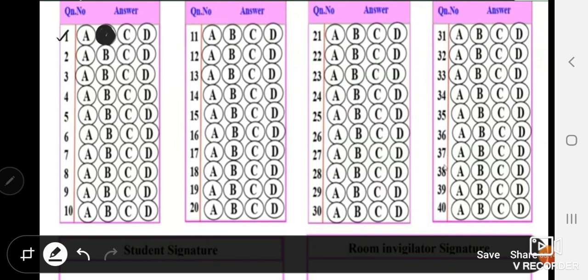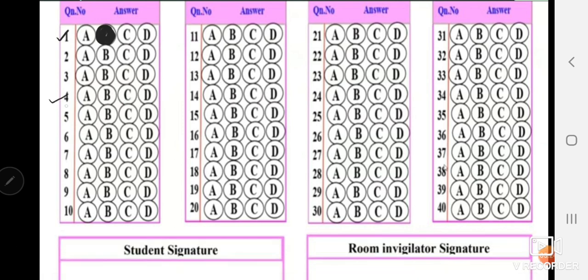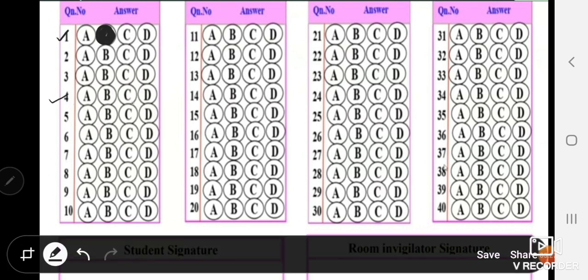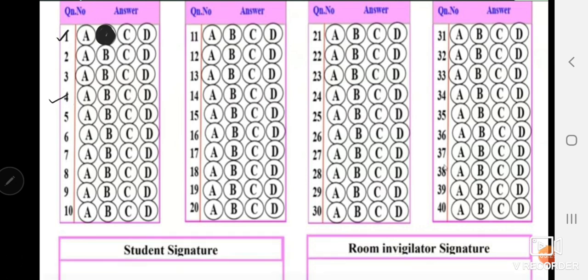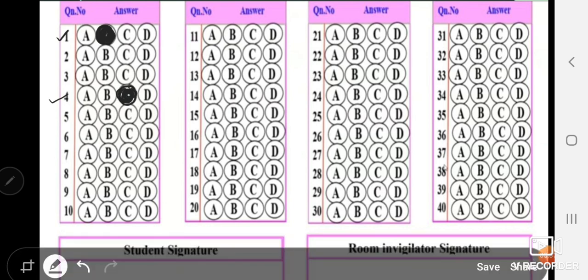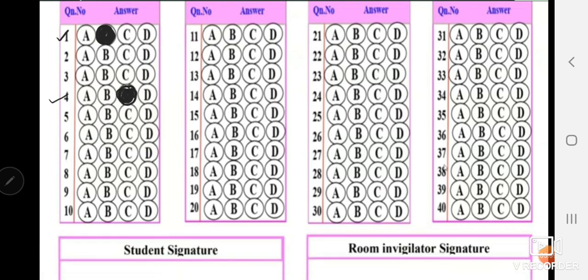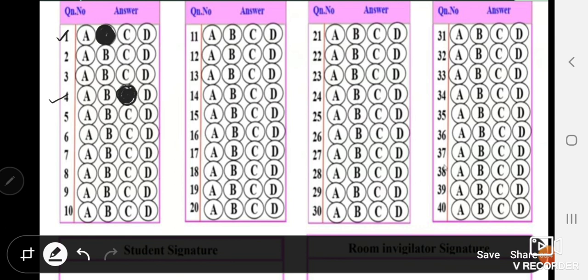And for the fourth question, if option C is right, that means whatever answer is present in option C is right, come to the fourth question. Looking at the fourth question, see the option. If it is option C, go to C, encircle, then shade inside. This is the easy and right method of shading answers on this OMR sheet.